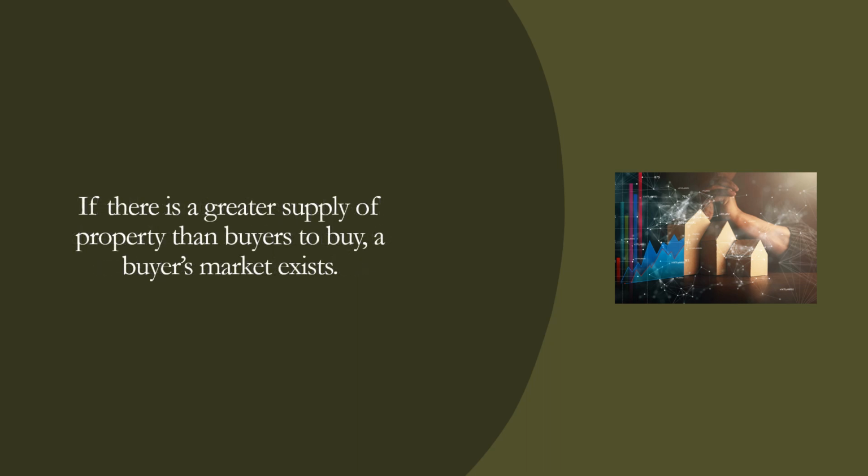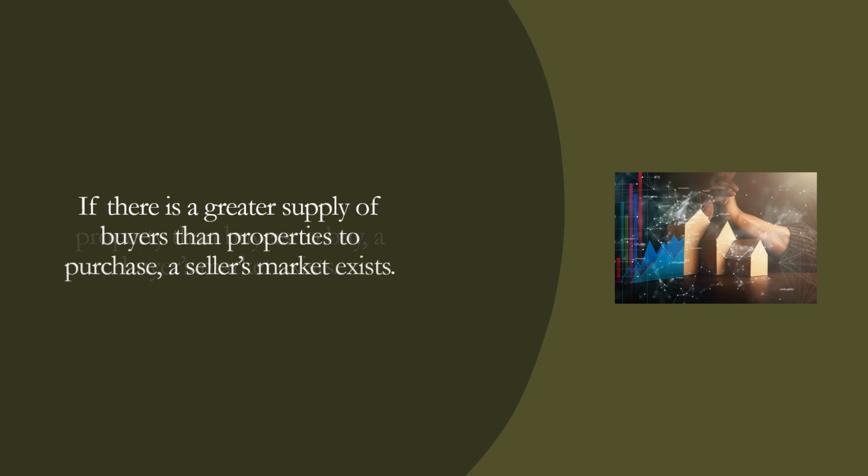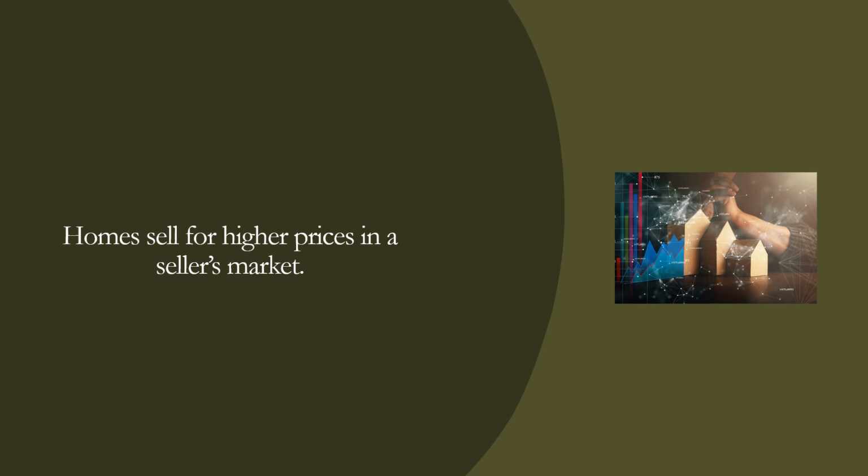If there is a greater supply of property than buyers to buy, a buyer's market exists. If there is a greater supply of buyers than properties to purchase, a seller's market exists. Homes sell for higher prices in a seller's market.